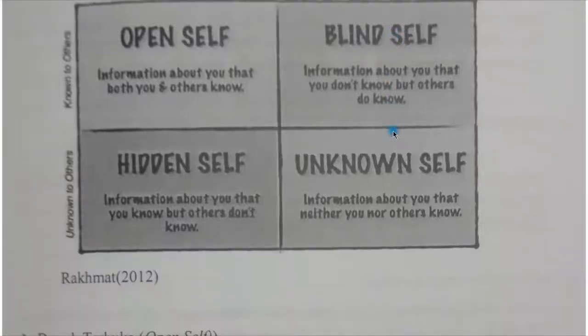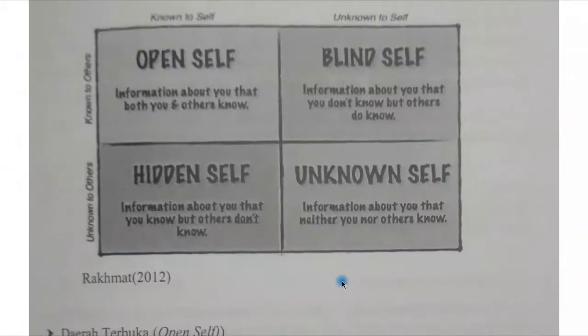Well, this is the Johari window. We have four squares here. This side is how other people know about us, and the column here is how we know about ourselves.